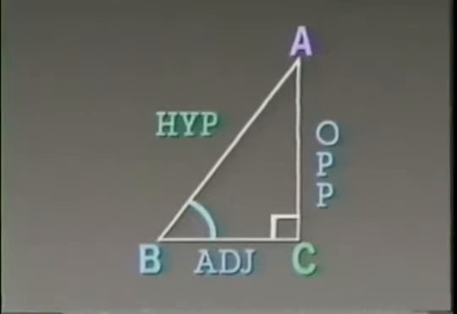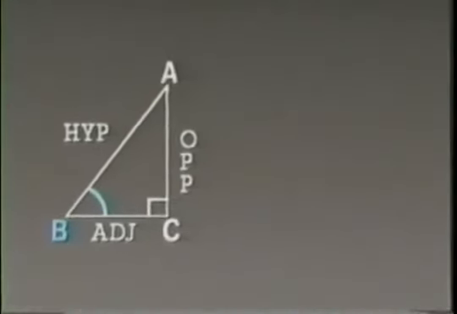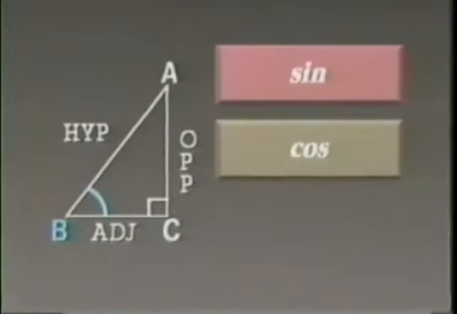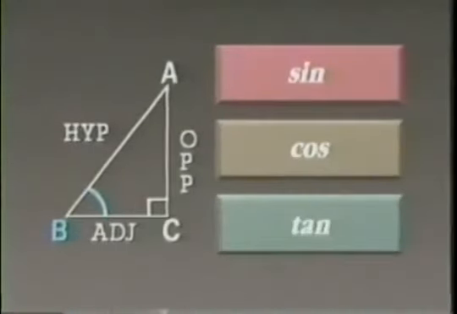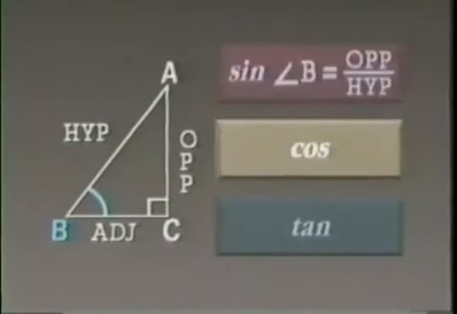With the sides named, we can now define the trigonometric ratios: sine, cosine, and tangent. The sine of angle B is the length of the opposite side divided by the length of the hypotenuse. The cosine of angle B is adjacent divided by hypotenuse.